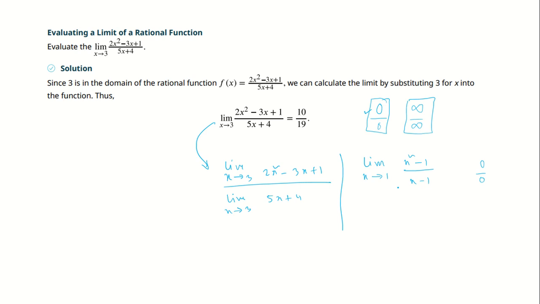So in this case, we can't substitute x directly, and we have to factorize and eliminate the term for which we get 0 by 0 form. After eliminating the term, then we can directly substitute x. So we'll have here x plus 1, and limit x tends to 1. Now we can directly substitute x as 1, 1 plus 1, that is 2. 2 is the limiting value.